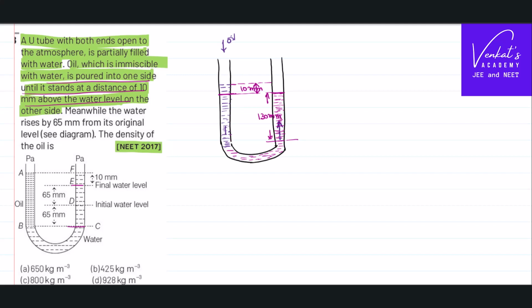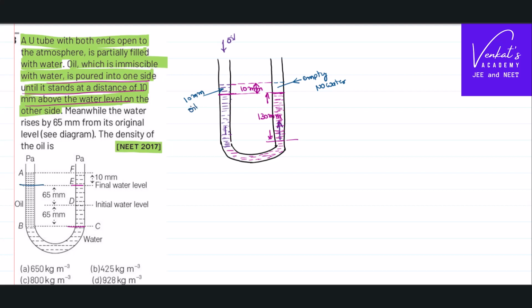So in this part of the diagram, this must be empty, no water. Whereas in the other part, oil is poured in such a way that it is 10 millimeter above. So there must be oil.